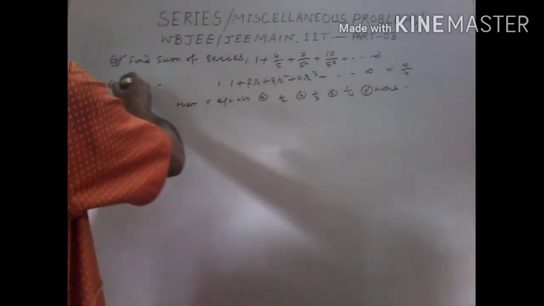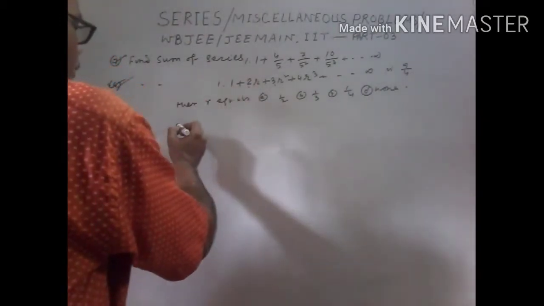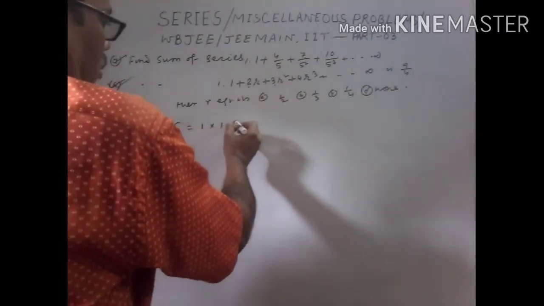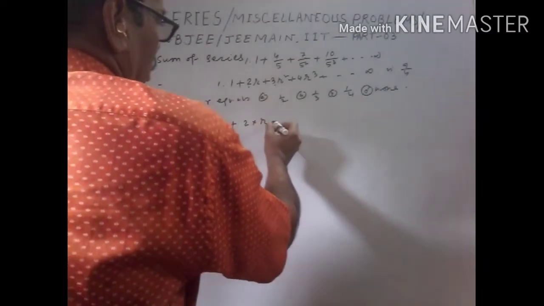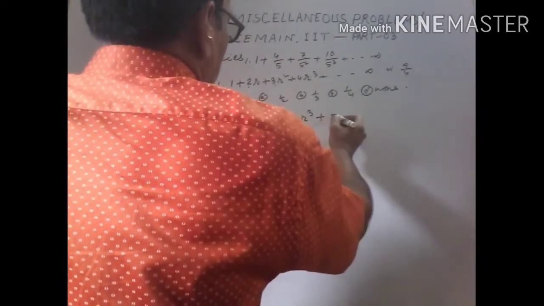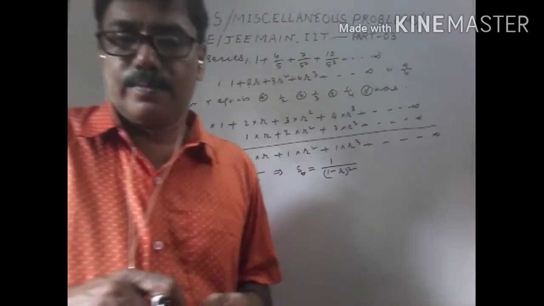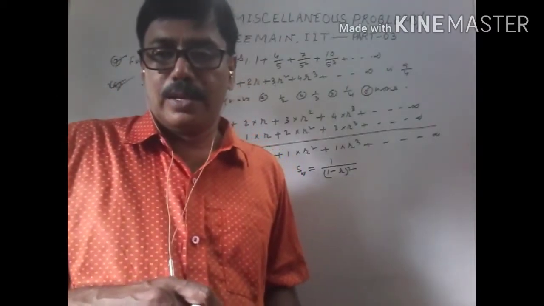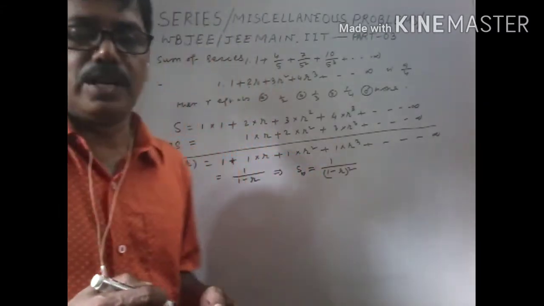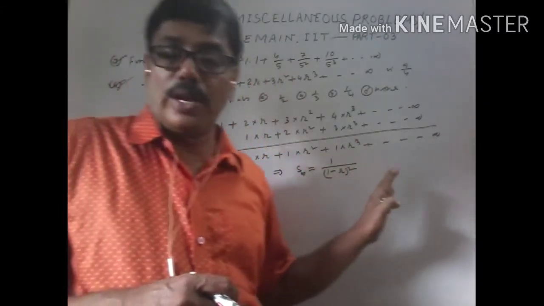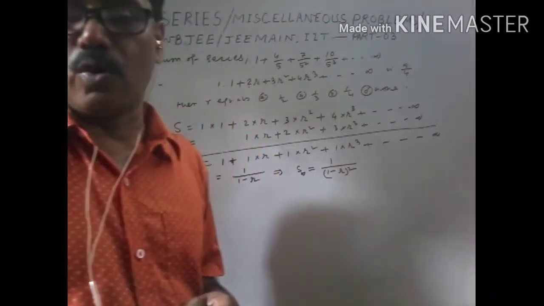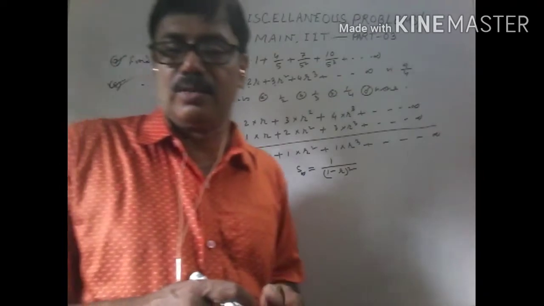Consider the general one, S equals 1 into 1, 2 into R, 4 into R cube, 5 into R. The sum of an infinite GP series can be obtained when the common ratio is less than 1.